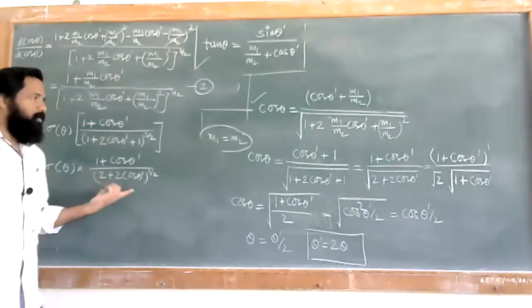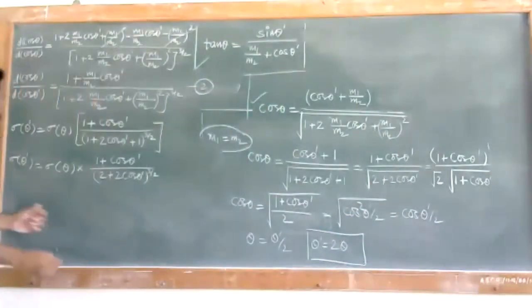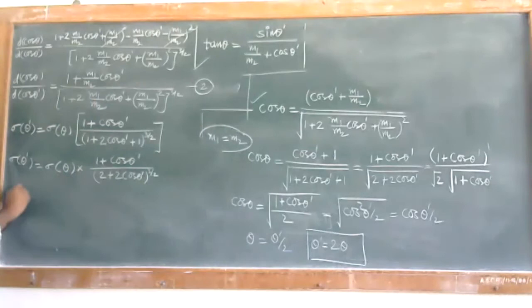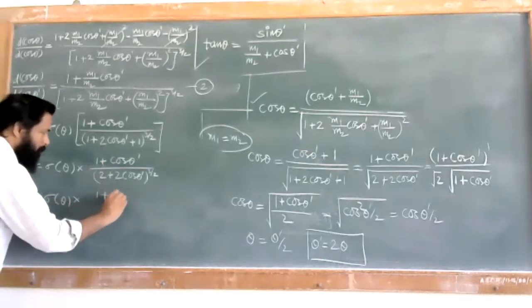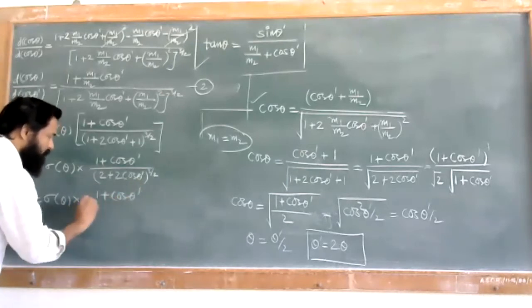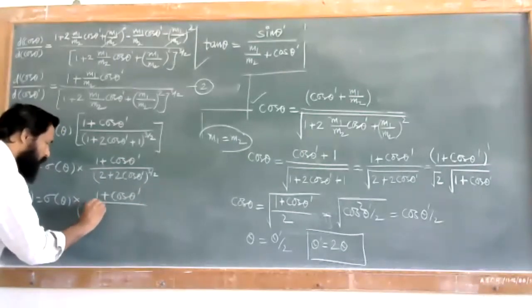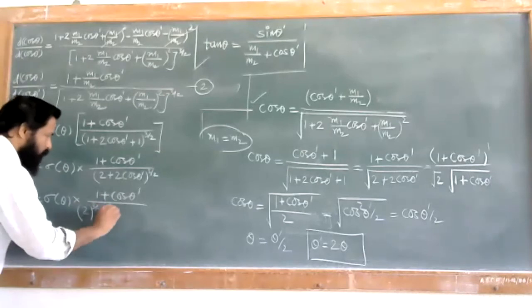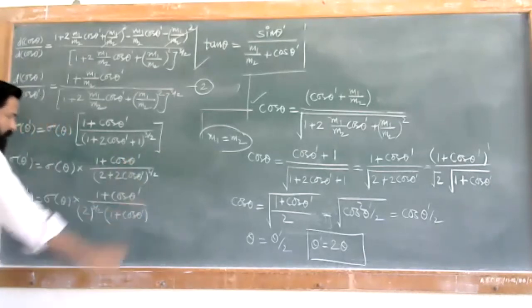Again the same situation, the same situation as we had here. So what can you write? You can write sigma theta dash is equal to sigma theta, multiplied by 1 plus cos of theta dash divided by, what is the common thing? That is 2 raised to 3 by 2 into 1 plus cos of theta dash.